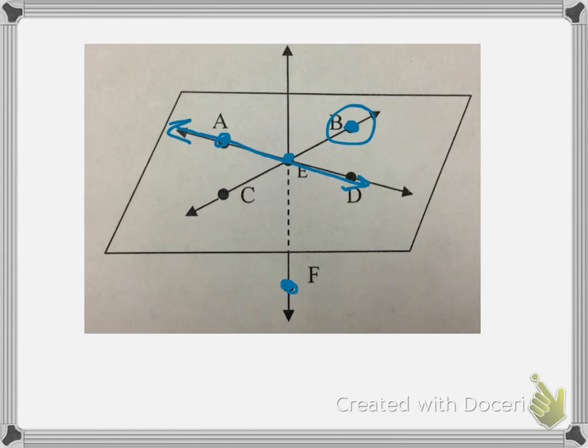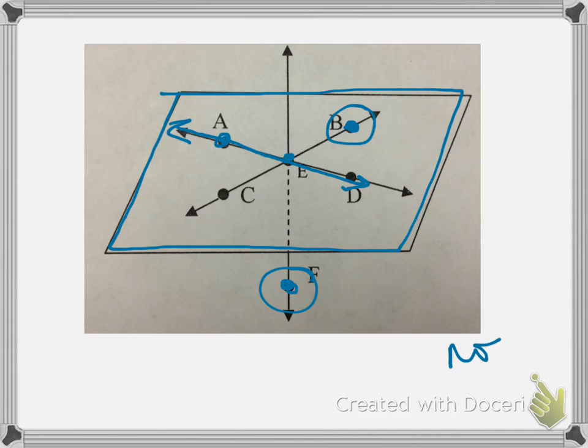But look at F. There's no way that it could be coplanar. So this one is no. 4 points are not necessarily going to be coplanar. They can be, and we'll talk about why, but in this instance they're not, because those 3 points define this plane right here, and F is down here at the bottom. So that one is no.